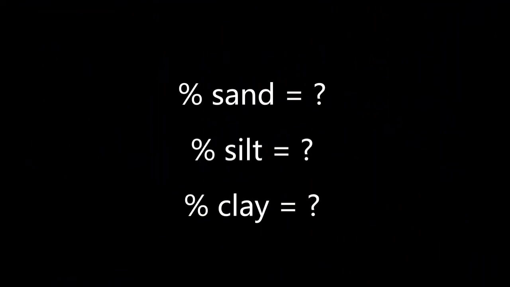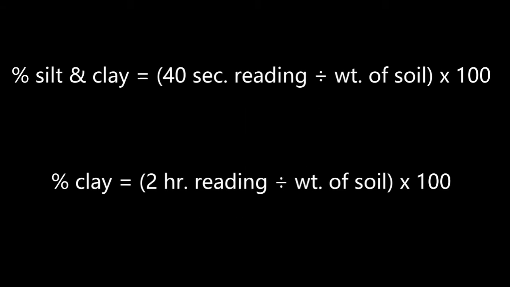Using the 40-second and 2-hour hydrometer readings, we are able to calculate the percentage of sand, silt, and clay. The percentage of silt and clay is the 40-second reading divided by the weight of the soil used and then multiplied by 100. The percent clay is the 2-hour reading divided by the weight of the soil and then multiplied by 100.